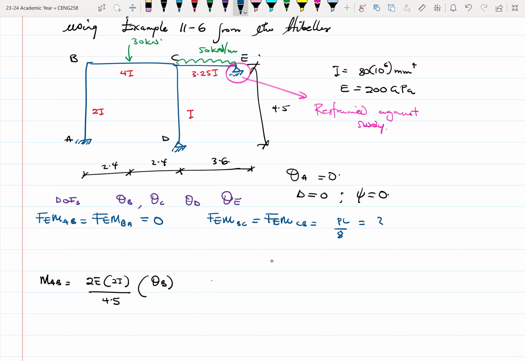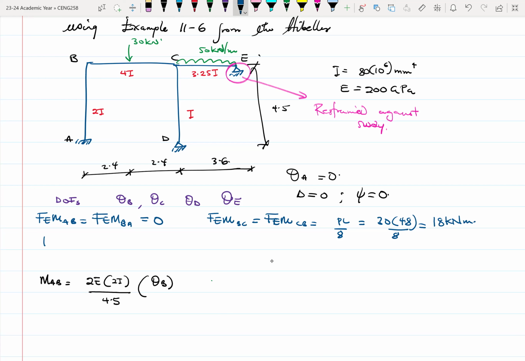So that will give us 30 times 4.8 divided by 8. This will give us 18 kilonewton meter.